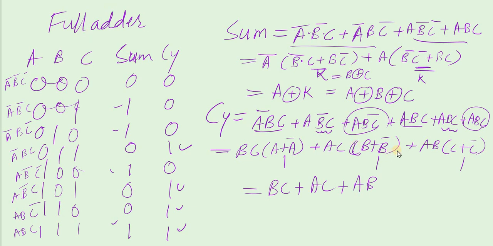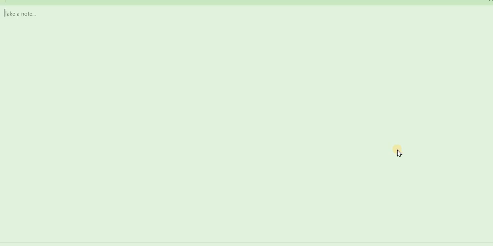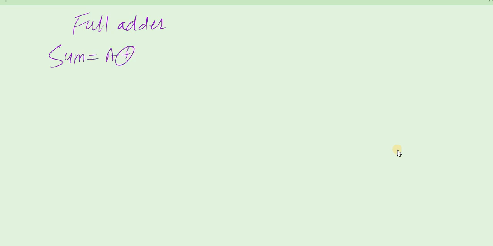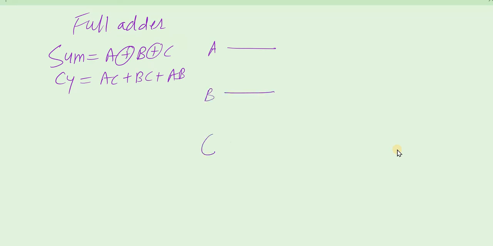Once we got the equation, let us draw the circuit for this. For full adder, we have got the equation as sum is equal to a XOR b XOR c and carry is equal to ac plus bc plus ab. So let us draw the circuit diagram. This is a, this is b and this is c.